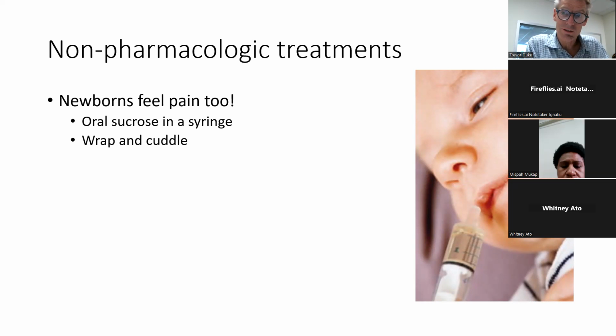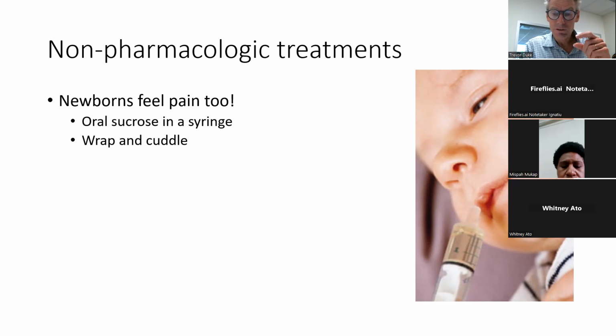And there are some good ways you can avoid pain in newborn babies, and two ways that I often use. One, wrap them up and cuddle them, because they often prefer that to being unwrapped. And the other one is oral sucrose in a syringe.